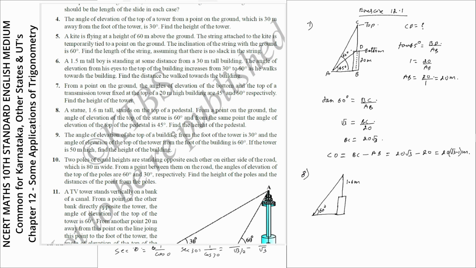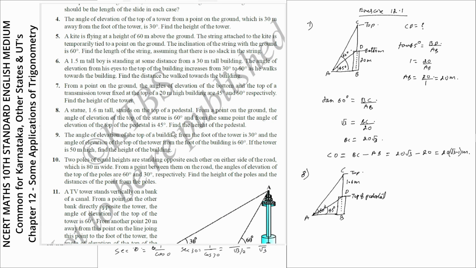Top of the pedestal is this. Top of the pedestal is also the bottom of the statue. Okay, this is top of statue, and this is top of pedestal or bottom of the statue. So from this point the angle of elevation of the top of pedestal is 45 degree. Okay, I'll mark this as A, this as B, this as C, and this point as D.